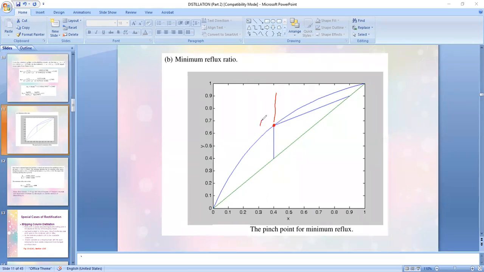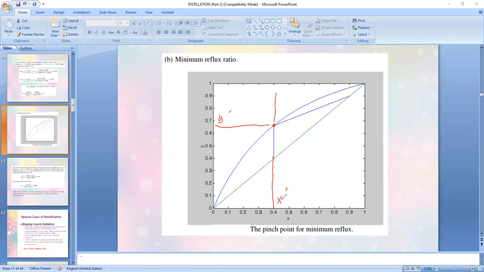I will extend the feed line here. Specifically, this is where your Y prime is. That's your Y prime, and this is your X prime. Actually, your X prime is your mole fraction in the feed.